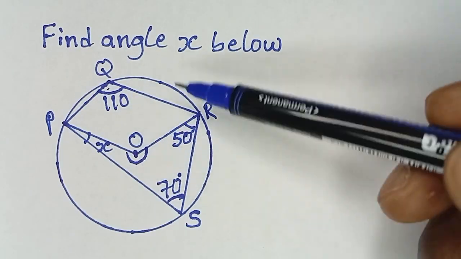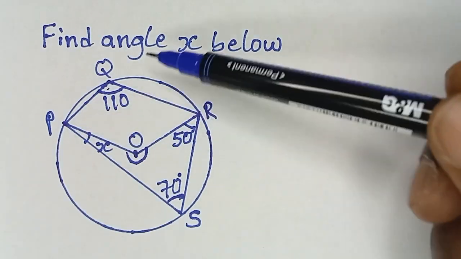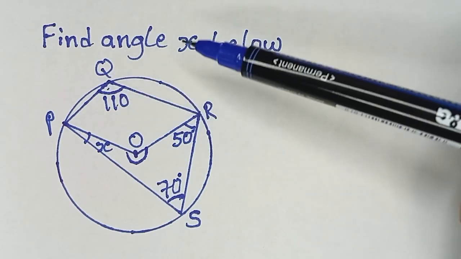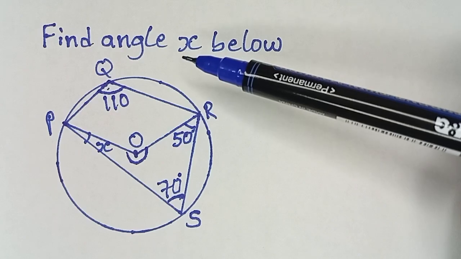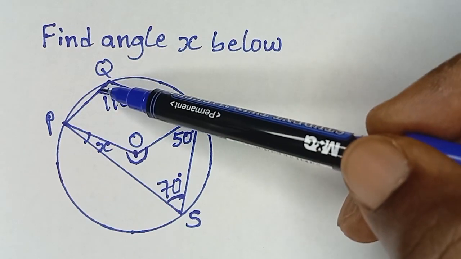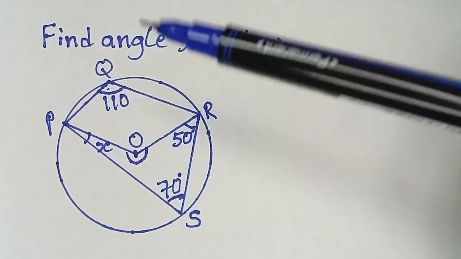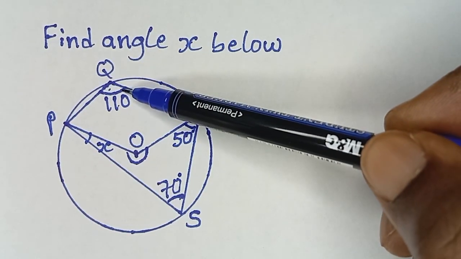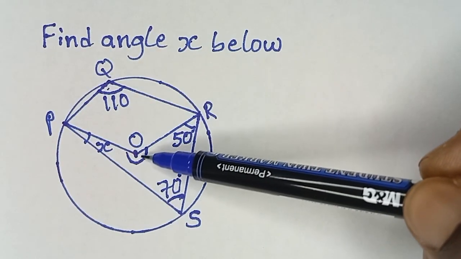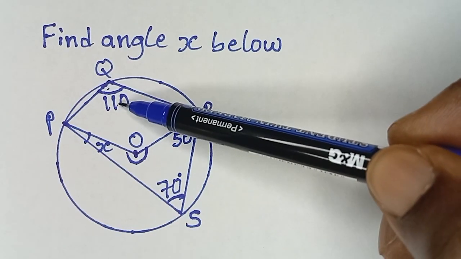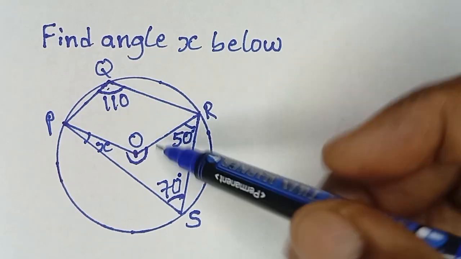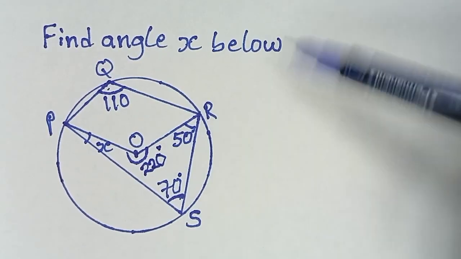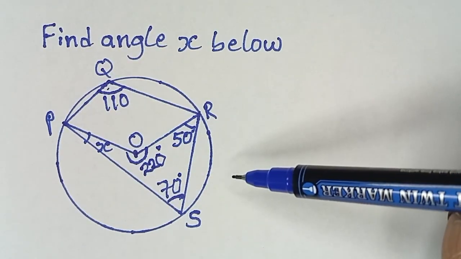Once you have a situation like this, the angle at the center is twice that at the circumference. Don't forget that important circle theorem. So if this is 110, then this angle on this side will be 110 times 2, and that will give us 220. So this angle here is 220 degrees.